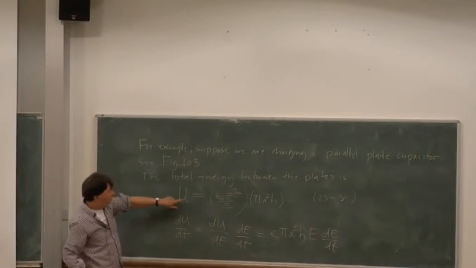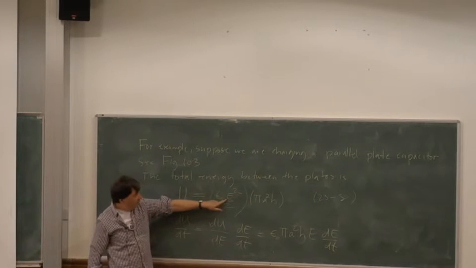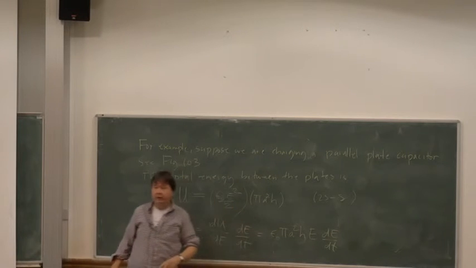Clearly, if I differentiate u with respect to E, I just bring down this factor, the 2's cancel and I just get epsilon naught E times pi a squared h dE by dt.